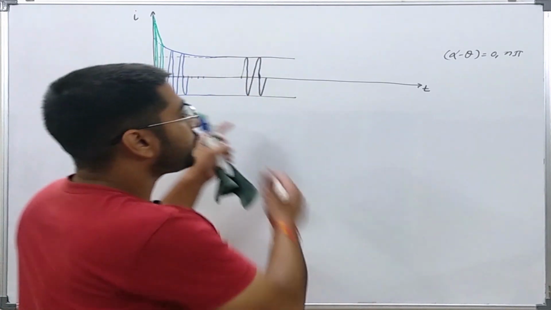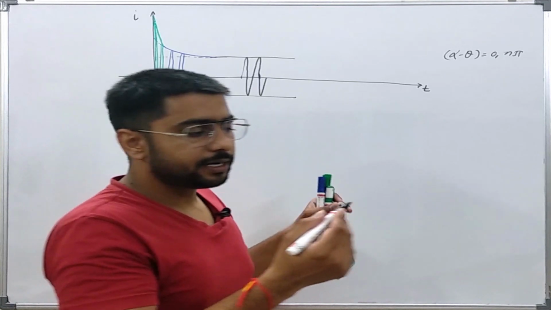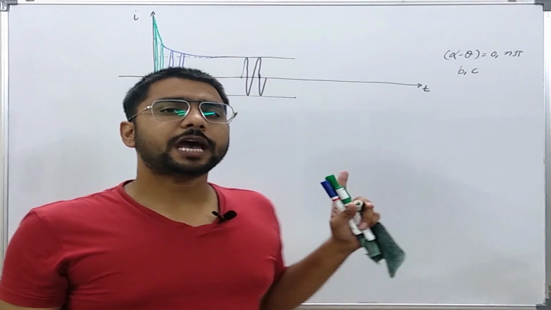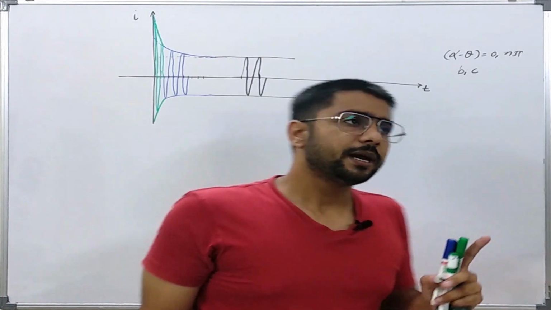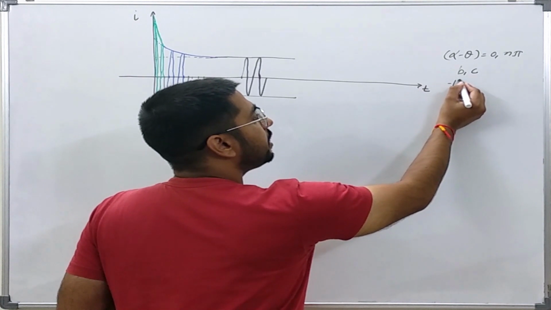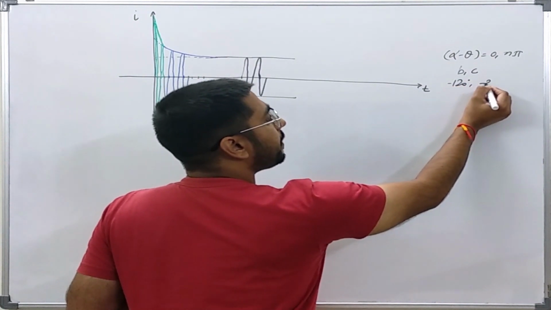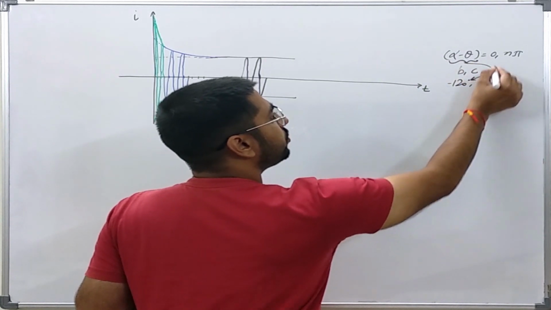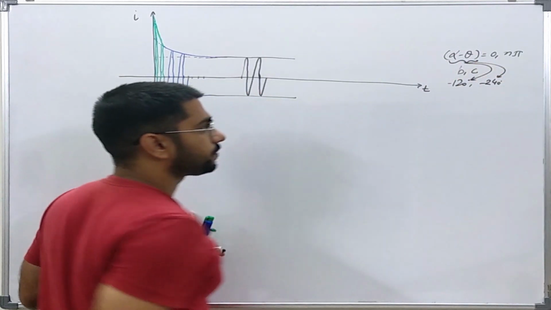Now let us say this is phase A. Then phases B and C will be having DC currents. Why? Because phase B and phase C will be having voltages which are 120 degrees apart, so alpha minus theta cannot be 0 for those phases.